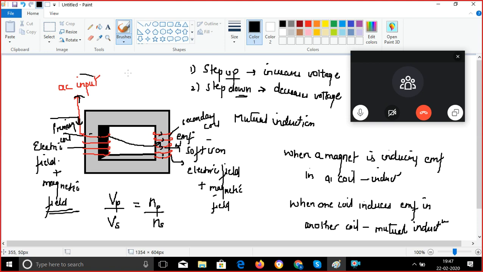Now you tell me, if it's a step up transformer, that means you have to increase the voltage. Suppose voltage here is V1 and voltage here is V2. That means you want V2 to be greater than V1. So will you increase the number of coils here or here?